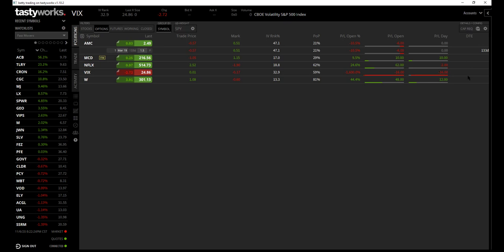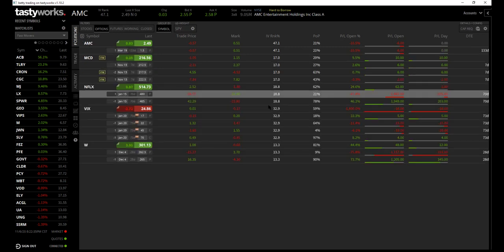And then, of course, days to expiration. When I have all of these closed, you can't see the days to expiration because this is only telling us the market, and that market doesn't have an expiration. The options trades do. So you can see that McDonald's, my earnings trade for Monday, is a 7-day trade. It's a very, very short-term trade.